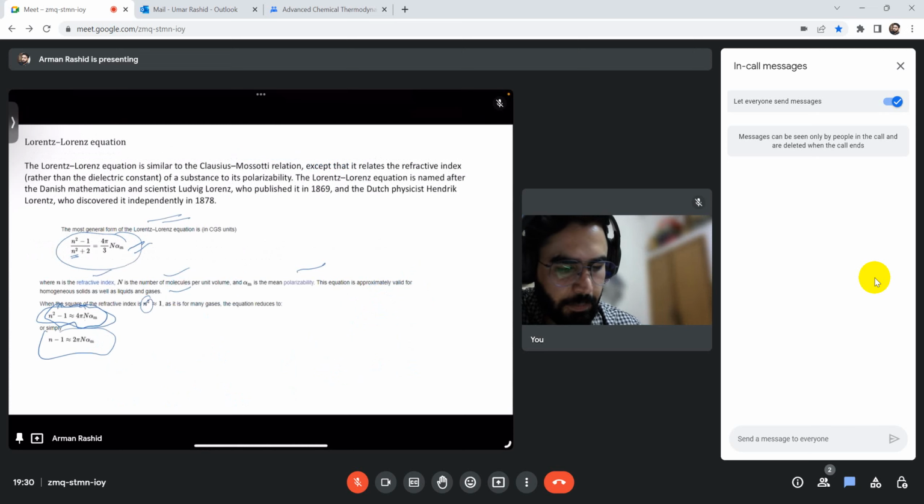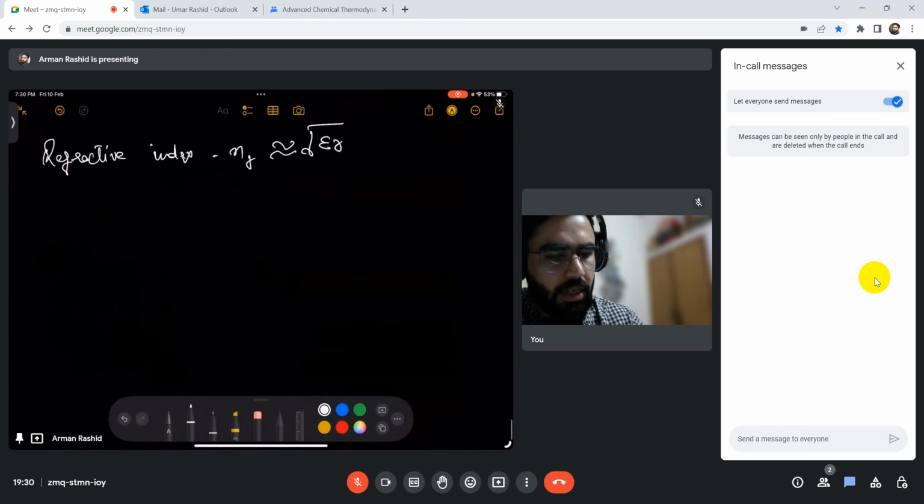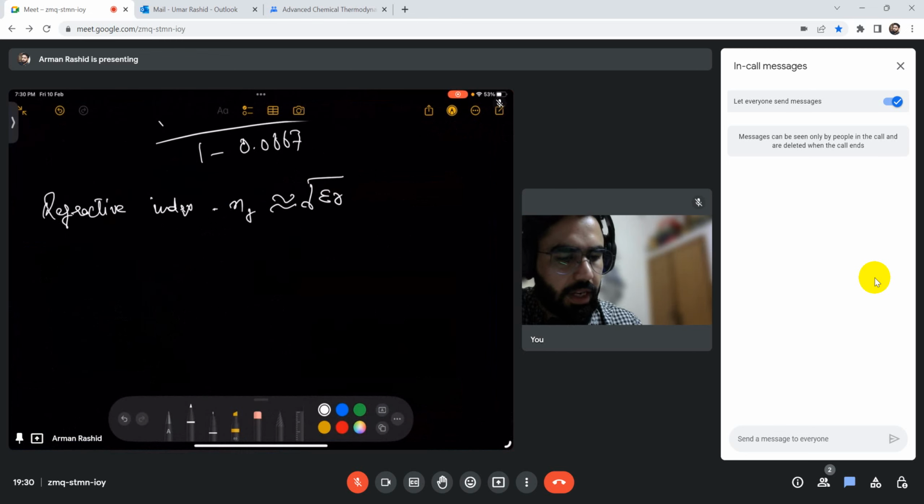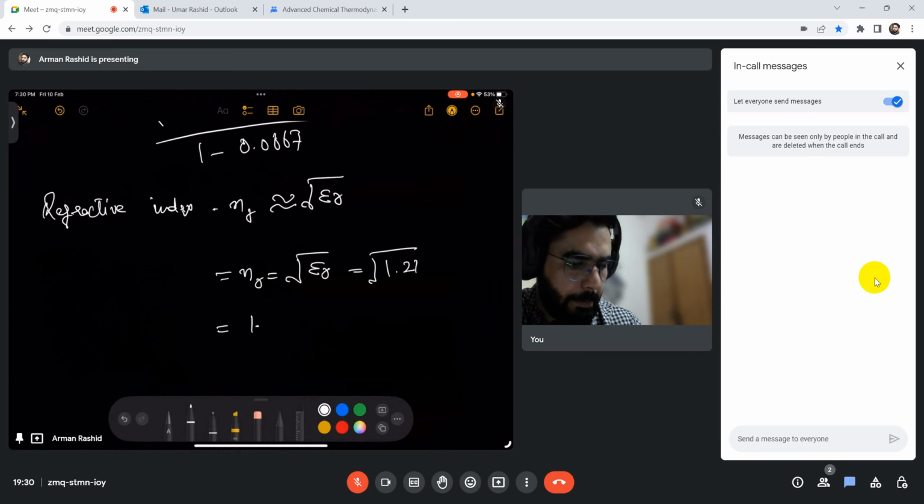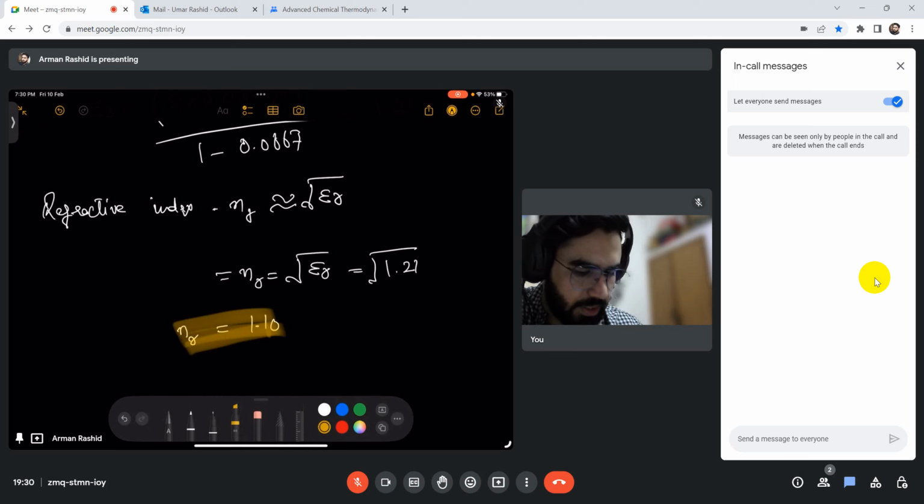If we consider that the number density is very small, as it is for gases, then n squared will be almost equivalent to epsilon r, and we can determine n r. This is our answer.